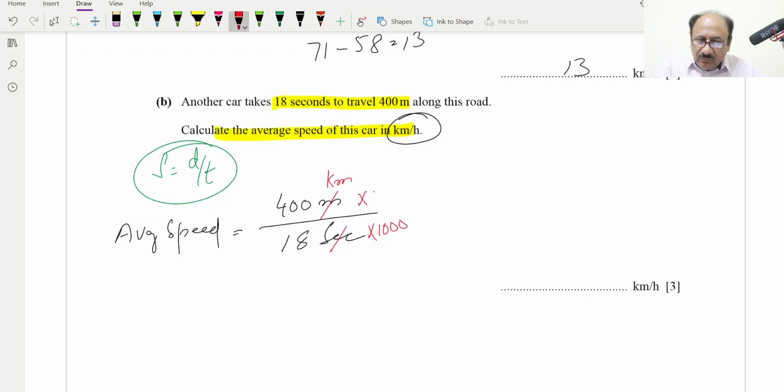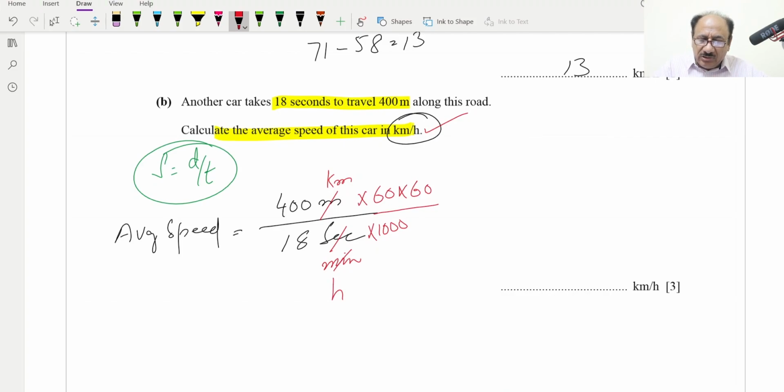This will be divided by 60, and now this is minutes, but we don't need minutes, we need hours. So again divided by 60, and this will now be hours.